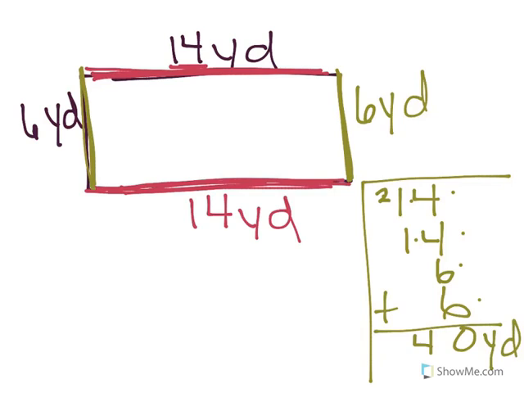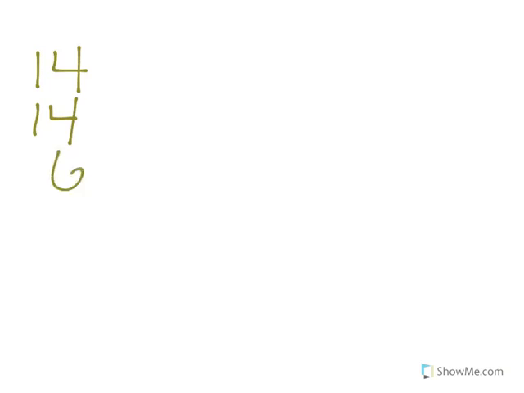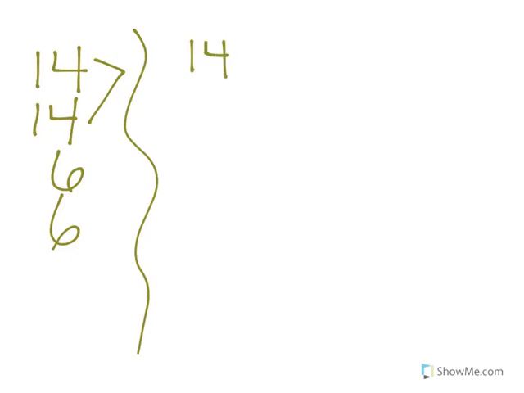So I'm going to show you another way you could have added it. So if you have, these are the numbers you have, 14, 14, let me check here, 6, and 6. Adding it is perfectly fine. This is just another way you could have done it. Since I know that there is two 14s, it's basically saying 14 times 2.